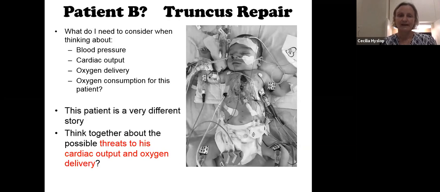And this is our truncus patient. Well, we know he's at high risk, it's evident. His chest is open, he's got sternal suspension so that his chest wall is lifted up off the heart so that the heart can have room to move in. But what do I need to consider when I'm thinking about his blood pressure? Might I have pulmonary hypertension?